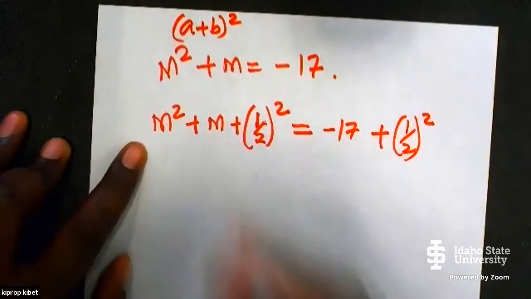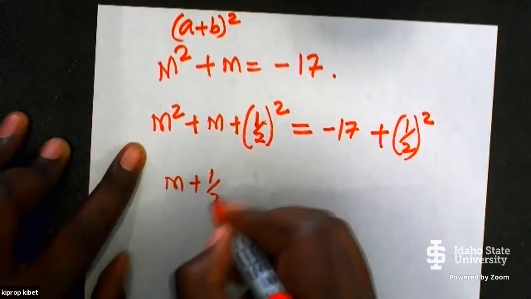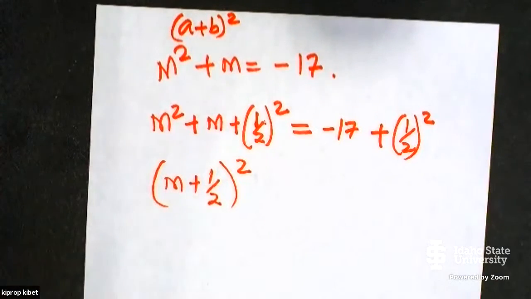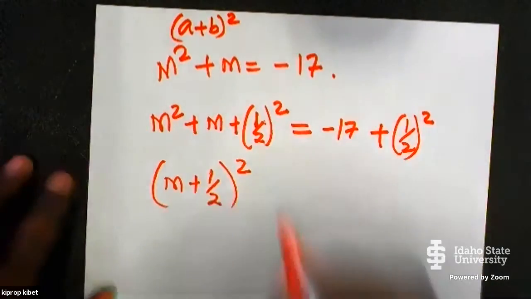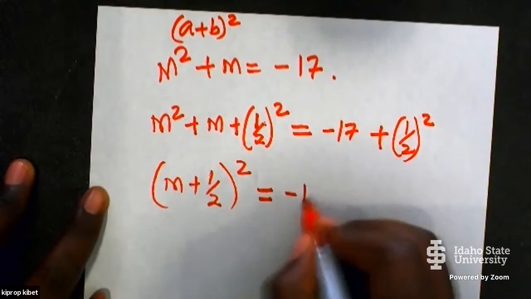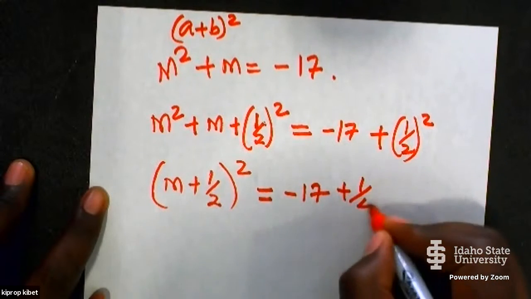So a will be m, our b will be 1 over 2, and then you square, equals minus 17, and then you simplify this one, plus 1 over 4.